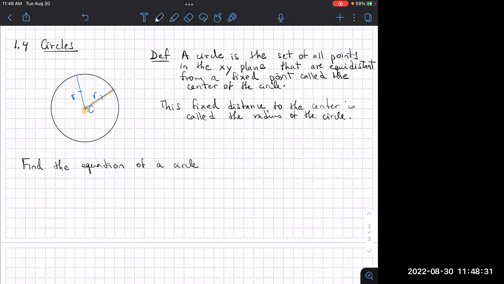So the first thing we're going to do is look at the simplest case, find the equation of a circle with center at the origin, and of course the origin is 0, 0, and radius r.